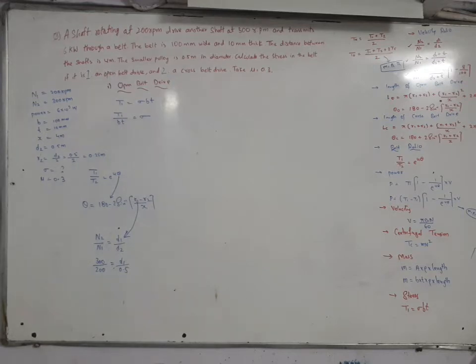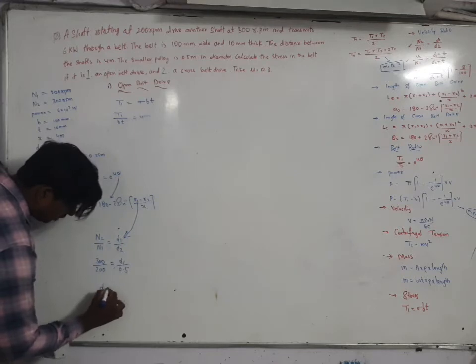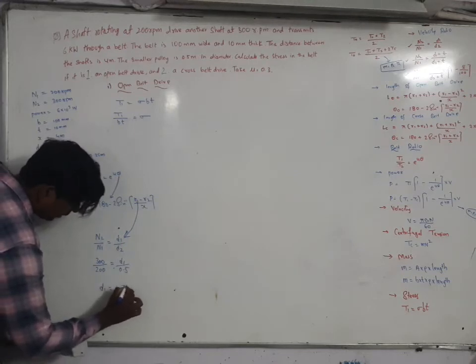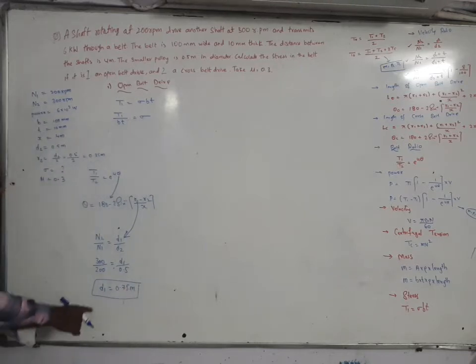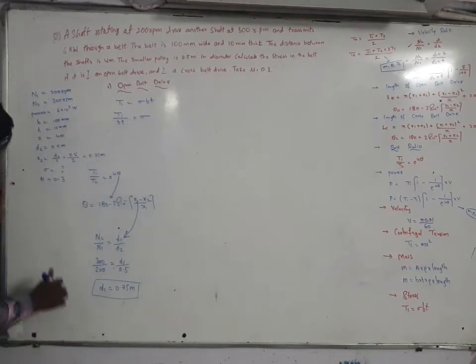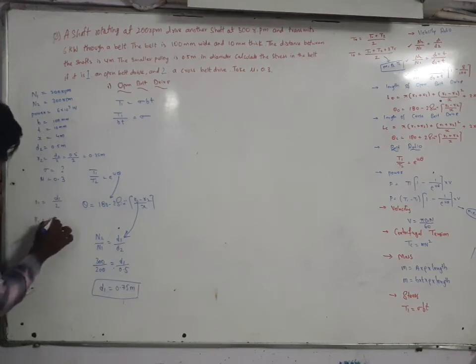With the help of this, D1 with cross multiplication, you will get 0.75 meter. If you want to find R1, it is D1 divided by 2. So R1 is equal to 0.75 divided by 2.